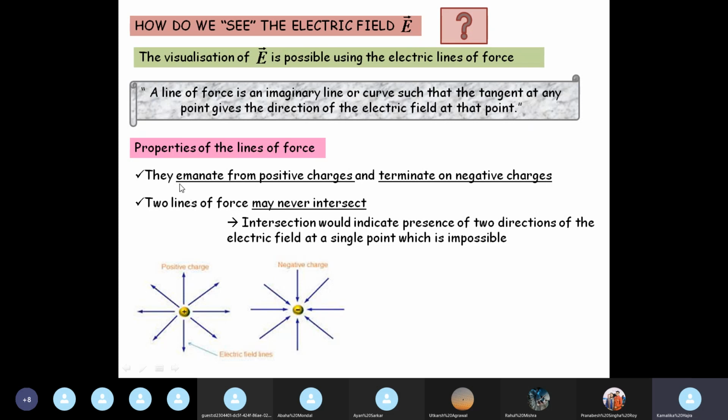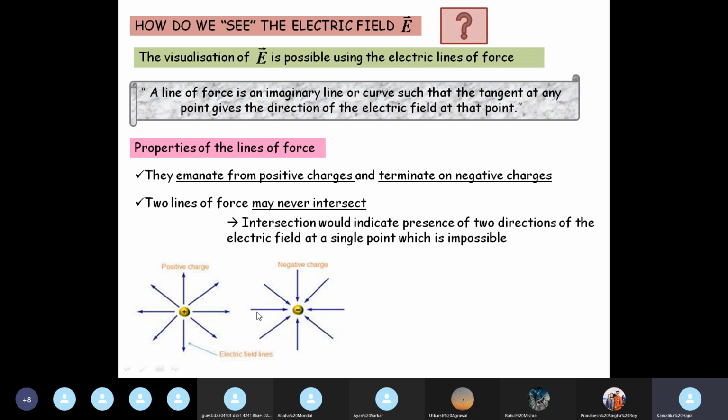So they emanate from positive charges and terminate on negative charges. And on any such line of force, if you draw the tangent, you'll get the direction of the field at that point.